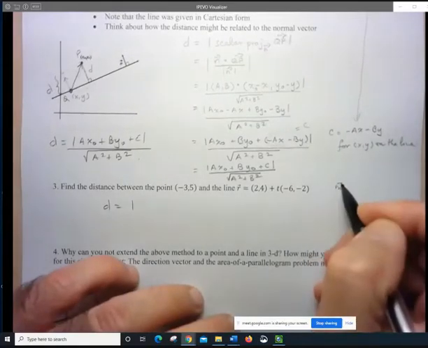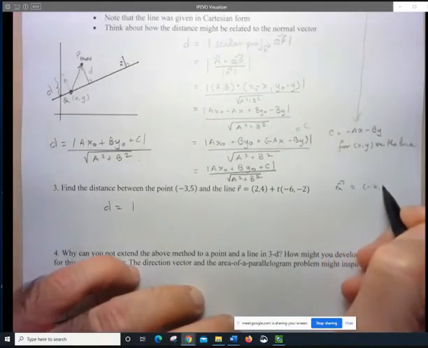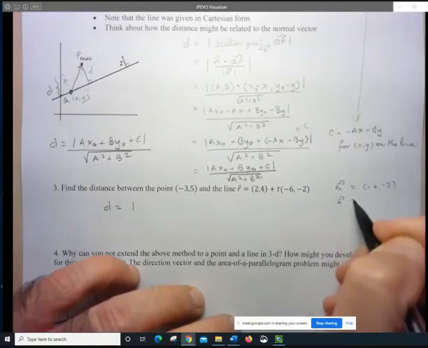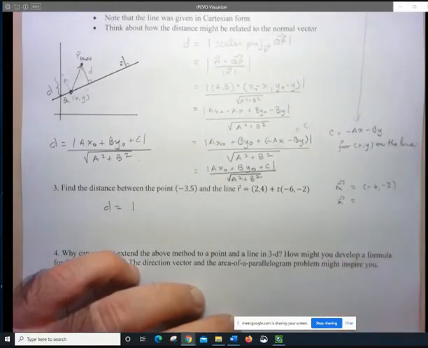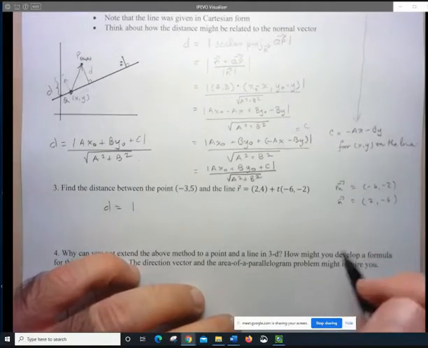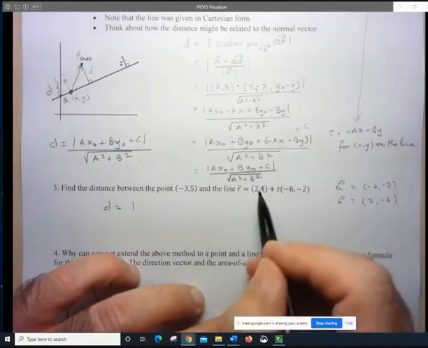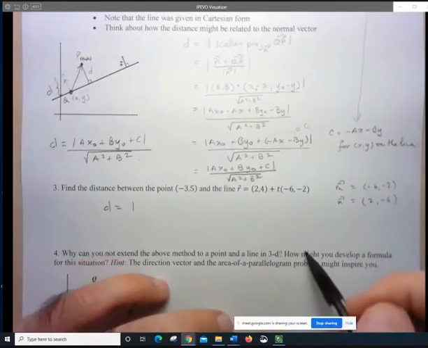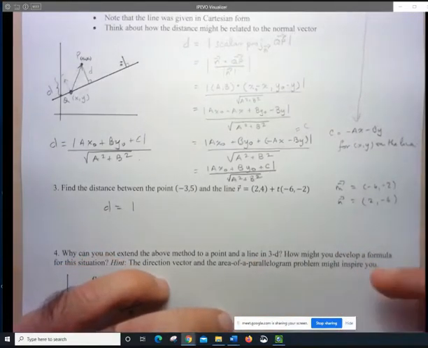Okay, so if my direction vector is -6, -2, my normal vector, well, I'll choose to make the first one positive since I prefer having the first one positive. So 2, -6. And then once I have the normal vector, I also have a point on the line.